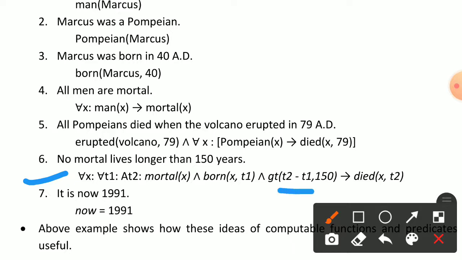Here we write this because our limit is given as 150. Any person or any mortal can't live longer than 150. Some live 149 or 140. t1 and t2 are both different variables, and for these mortals we can find out their age.